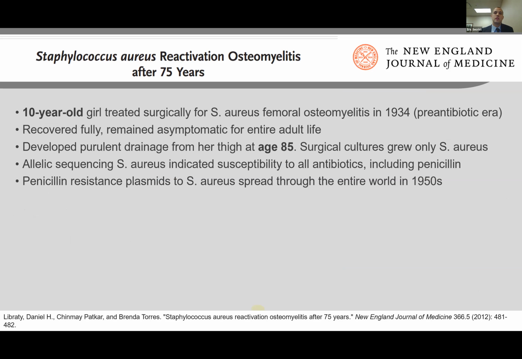And allelic sequencing of that abscess indicated that it was susceptible to all antibiotics, including penicillin, despite the fact that penicillin resistance had spread through the entire world in the 1950s. What this means is that that was not new Staph aureus in her thigh. It was Staph aureus which had been there since the age of 10 and had remained dormant for 75 years.